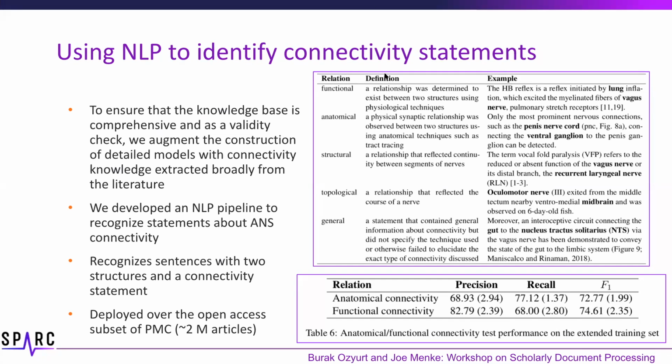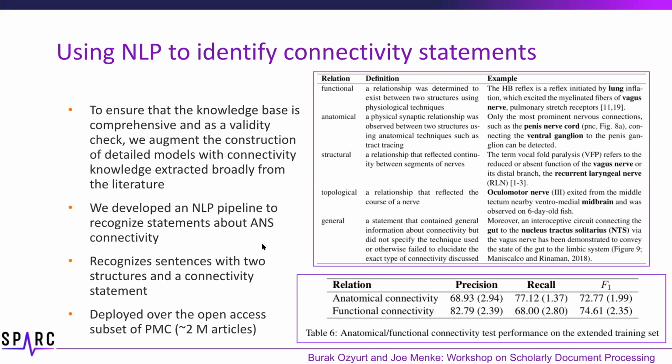And we divided these types of classifiers into recognizing functional connections, where it is a physiological connection; anatomical connections, something that we call structural, for example, nerve branch A is contiguous with nerve branch B; topological, that represents, for example, a course of a nerve through a given structure; and then just what we call general connectivity, where it's very hard to tell exactly what type of connectivity is being referred to.